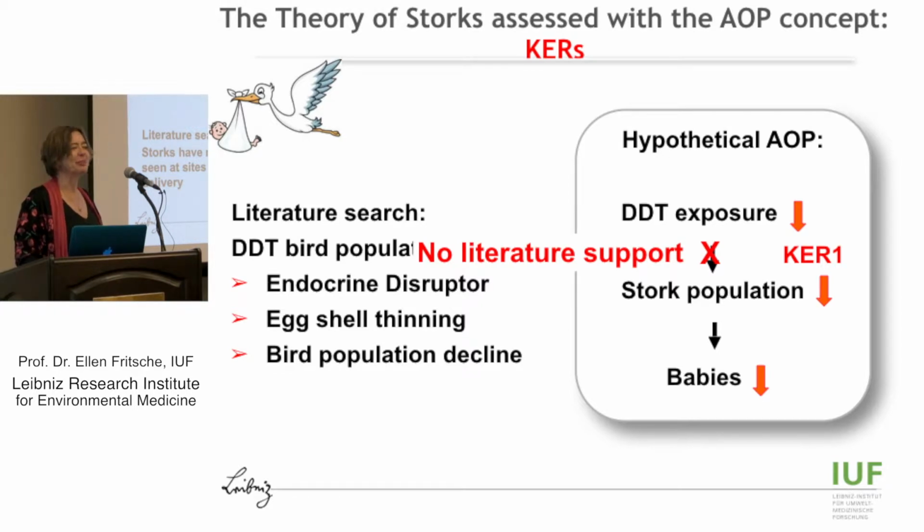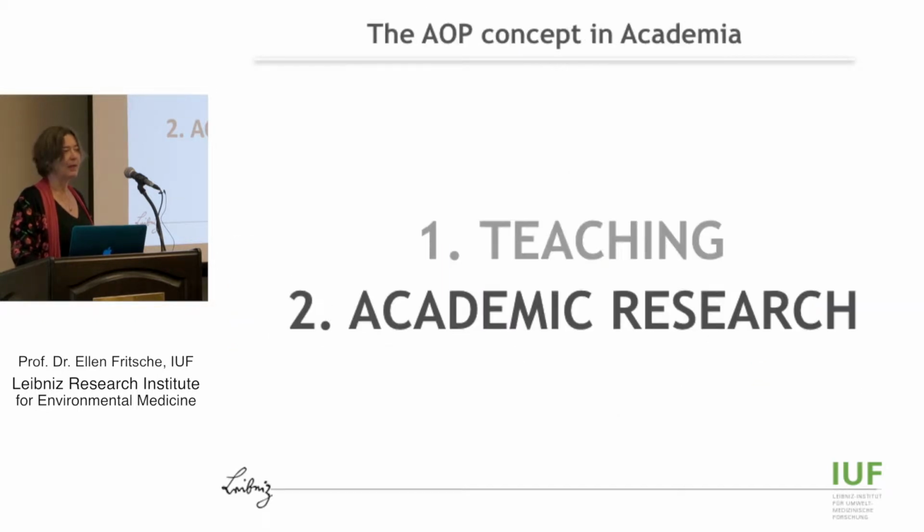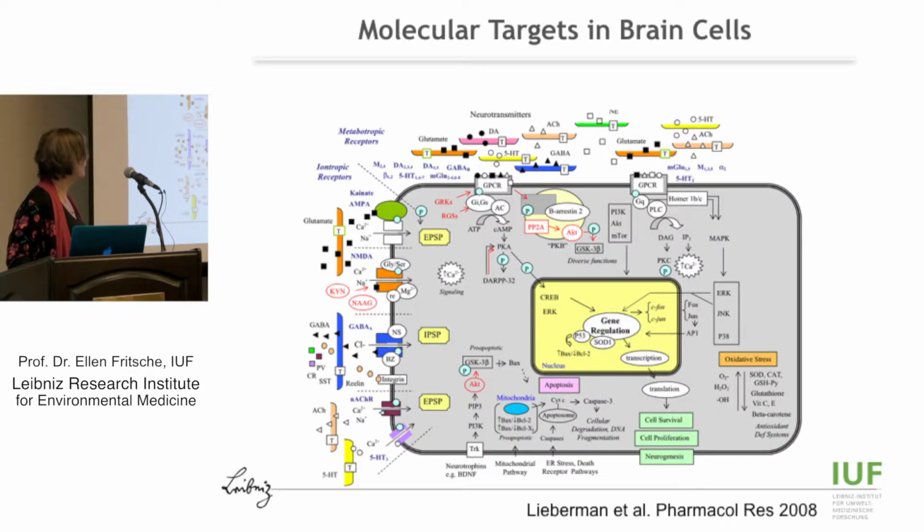Now I'm coming to a little bit of academic research, and I'm a neurotoxicologist, and my main field is developmental neurotoxicity, so we have to deal with the brain. And the brain, when you think about the AOP concept, is a very difficult thing because there are many, many molecular targets in the brain.